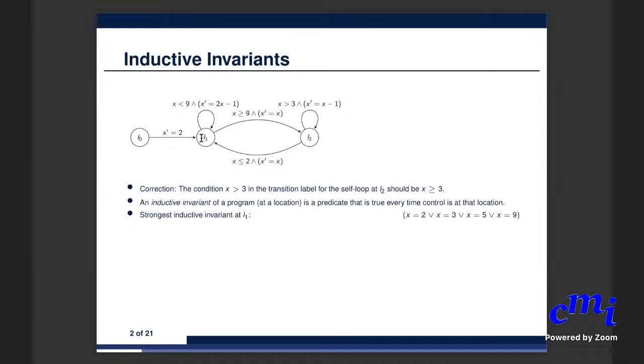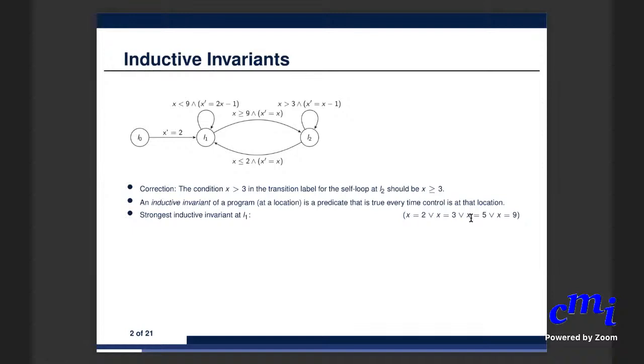So the set of possible values that x can take here at L1 has to include the initial value 2, correct? Let's see what the values are. As long as x is less than 9, you'll be doing 2x minus 1. After the first iteration, x will be 3.